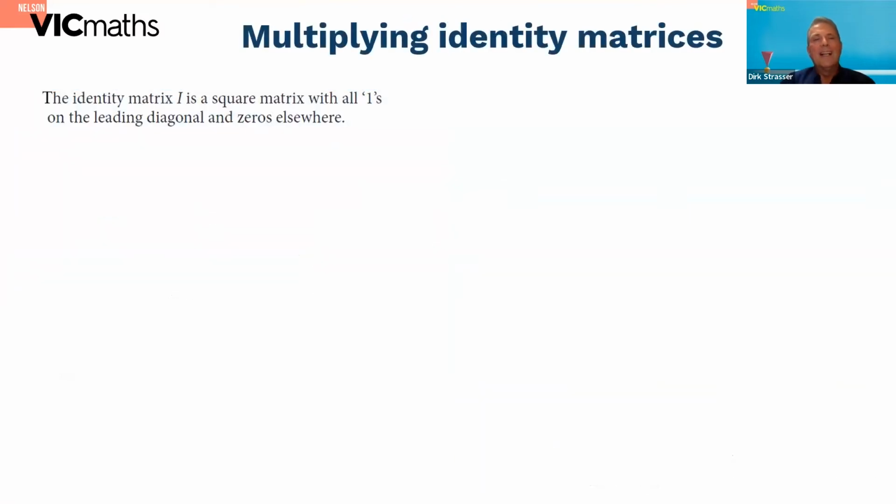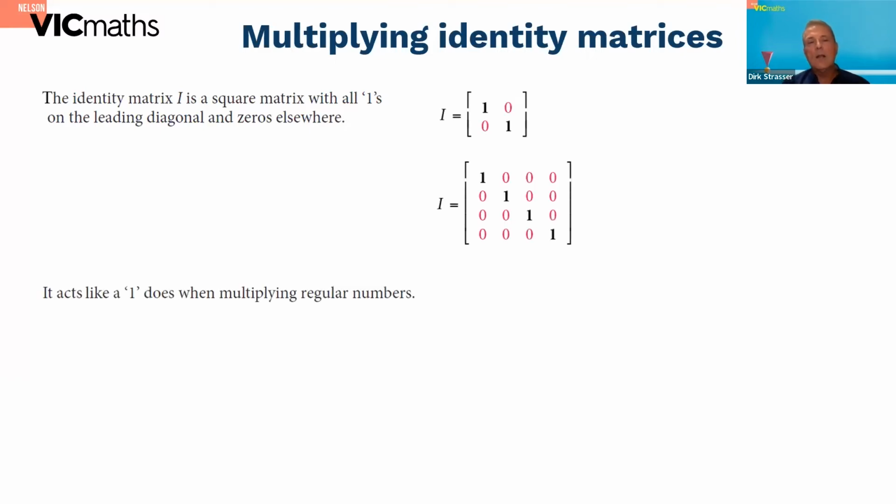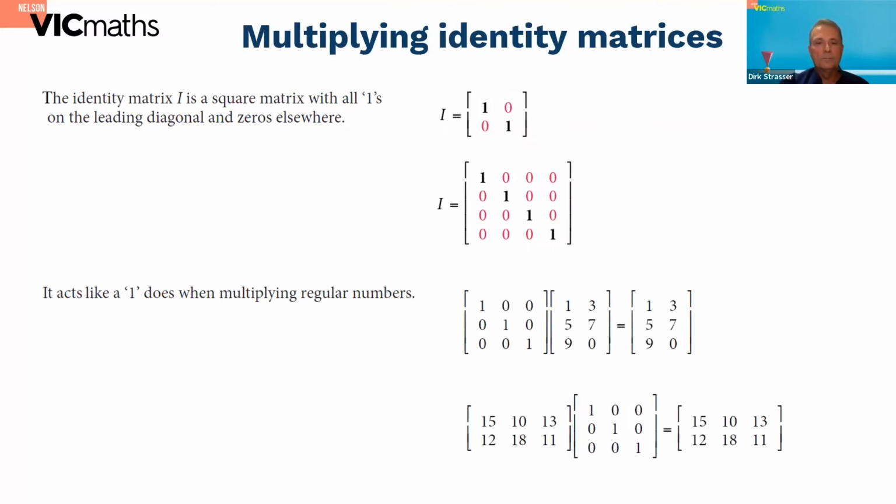Okay, I'm just going to briefly talk about the identity matrix. You may wonder, what's so important about it? If you remember, it's the square matrix where there's all ones in the leading diagonal and zeros everywhere else. So it's like these. Basically, it acts like a 1 when multiplying regular numbers. So it's like the number 1 for matrices.